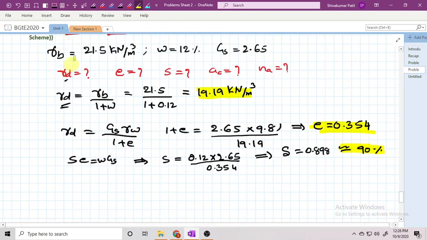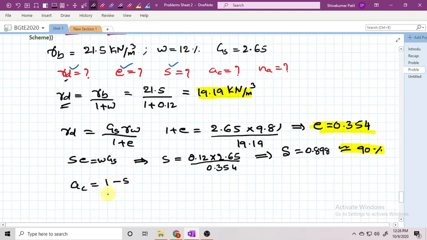Next, what are the things I got? Gamma d, e value, and degree of saturation I got. Air content I don't know, so I can find it out. How? My air content is nothing but 1 minus degree of saturation.